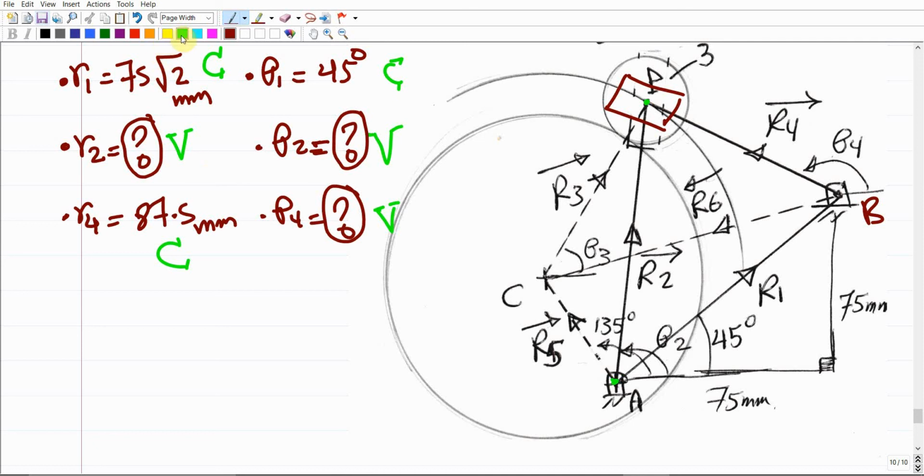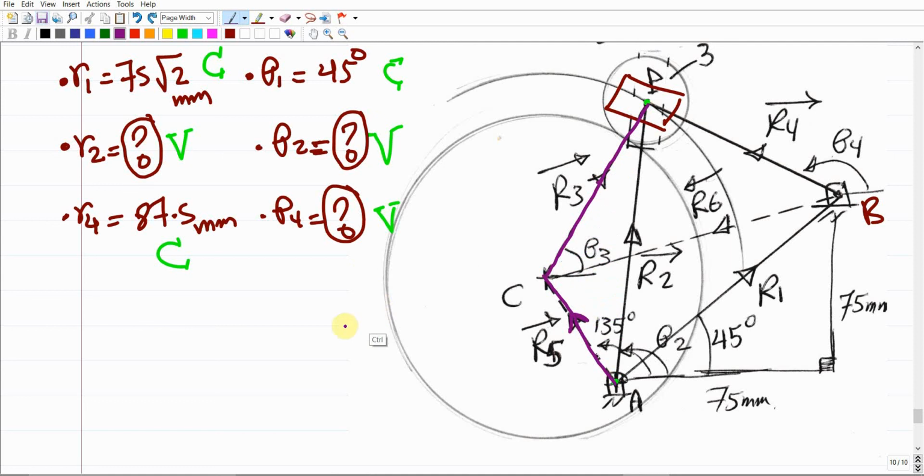This one more loop would be set up like this: you can connect point A to point C with R5, and then connect point B to point C with R3. So we end up with a new loop, which is this one.